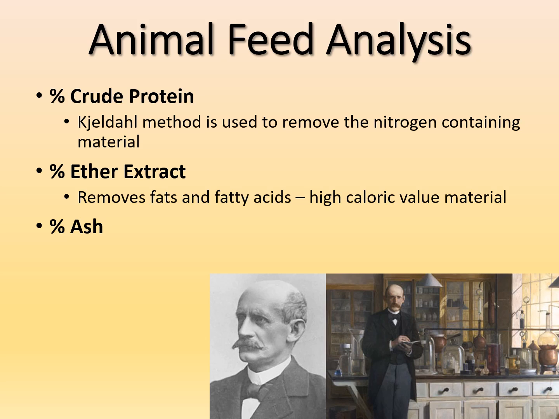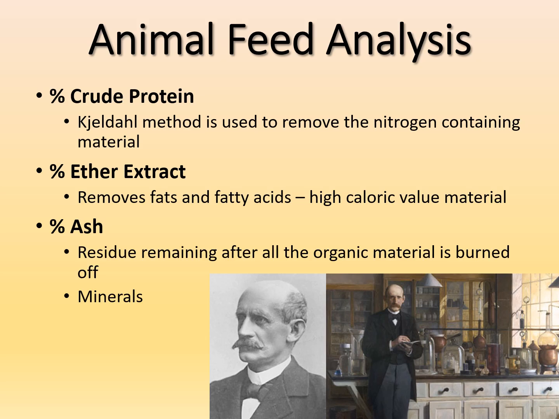So you're going to remove the fats and the fatty acids from the feed using a method with ether, right? Ether extraction. And this is really the very high caloric value material, right? So we know that fat is high in calories, right? Provides lots of energy. And so that's the percent ether extract.